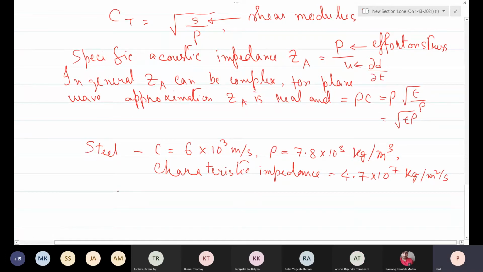Whereas for oil and water, it would be of the first order. Say for water, C is 1.5 into 10 cube meters per second.